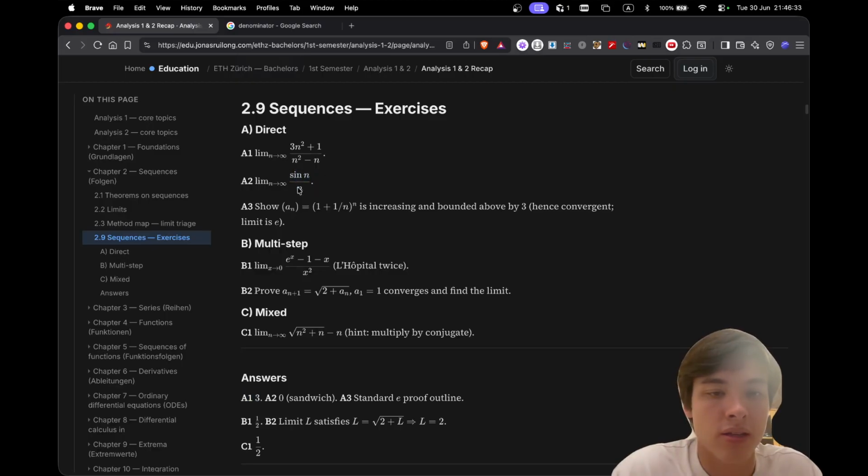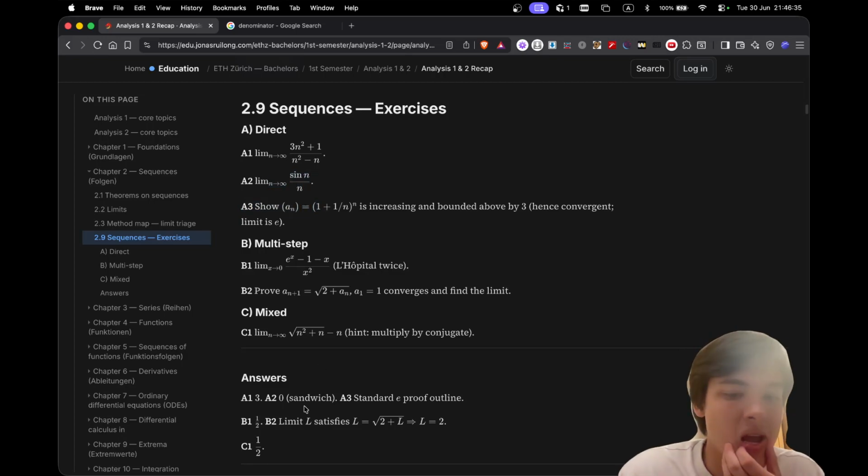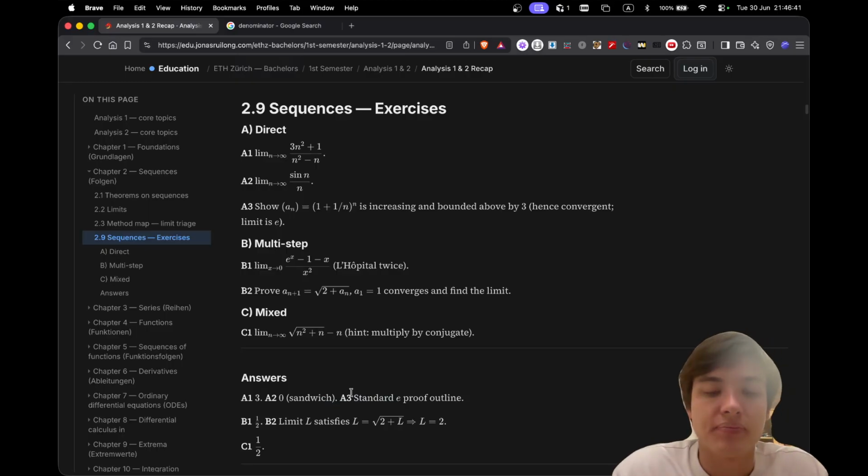This gets large, so it goes to 0. Sandwich theorem, I guess. Show that an equals 1 plus 1 over n to the power of n is increasing and bounded above by 3.